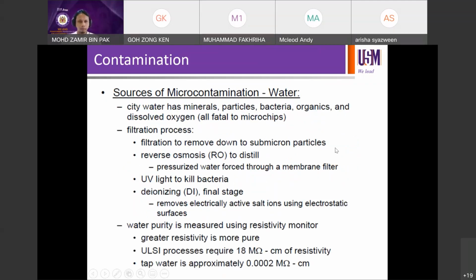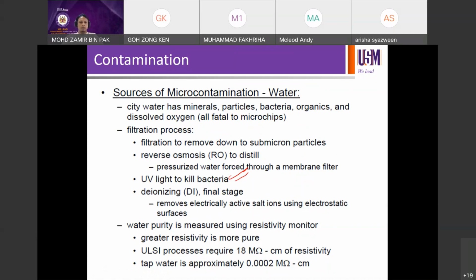Water has minerals, particles, bacteria, organics. We have all sorts of things in the water. So that's why they have to be controlled in terms of quality, right? So a filtration process is normally done. Many techniques are deployed to kill the bacteria.